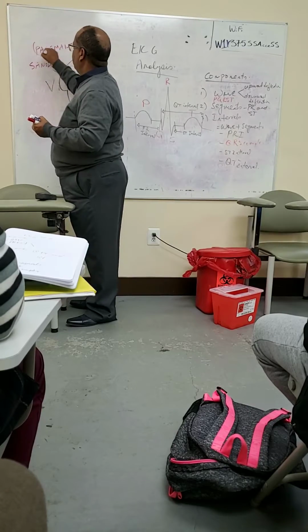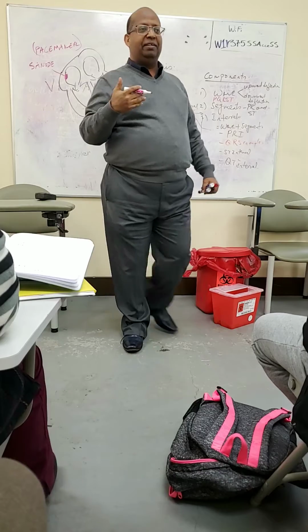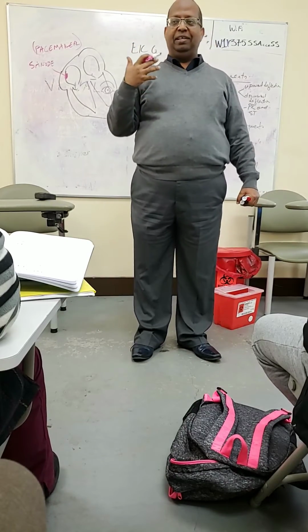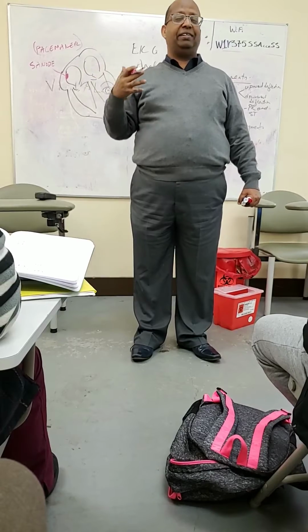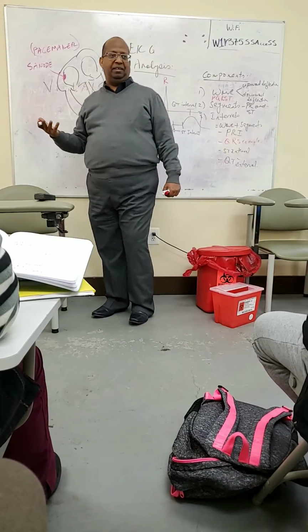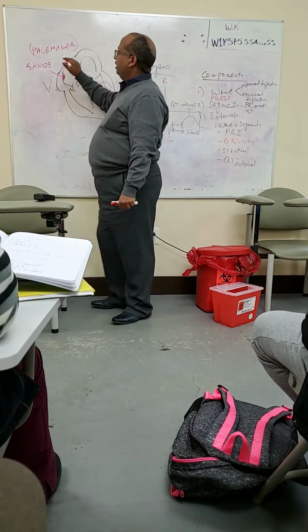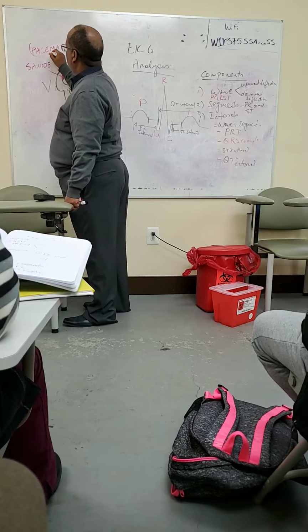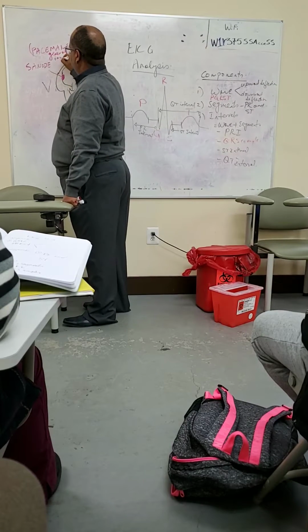What do you mean by pacemaker? It is the one that initiates the impulse, and it controls the electrical activity of the heart. So it's called the pacemaker. It generates or produces the impulse.